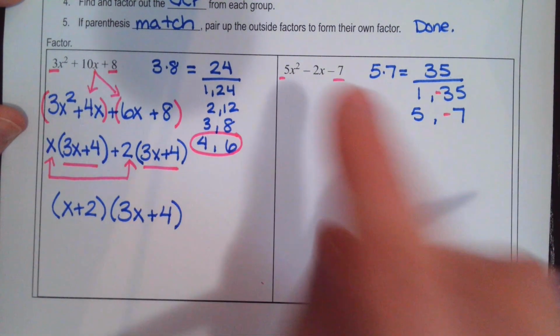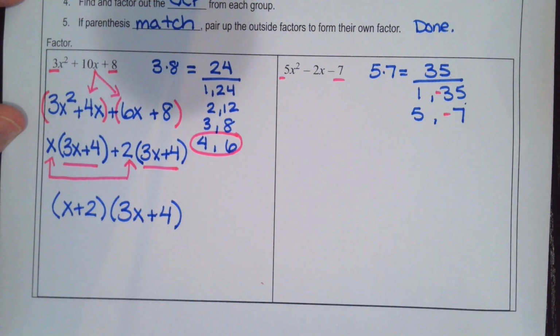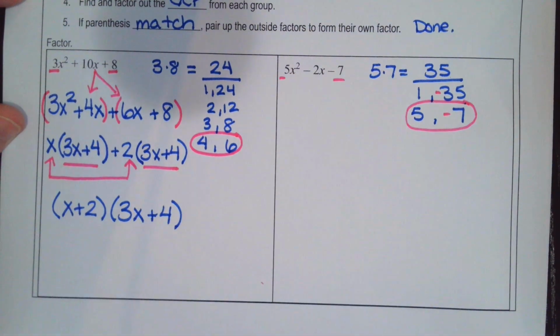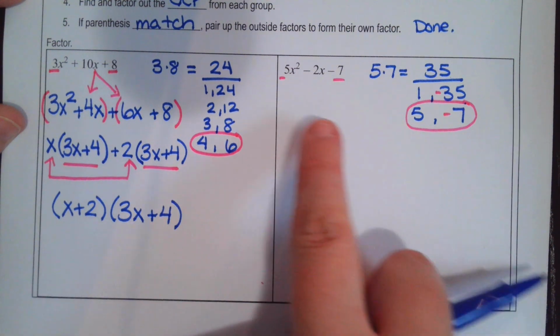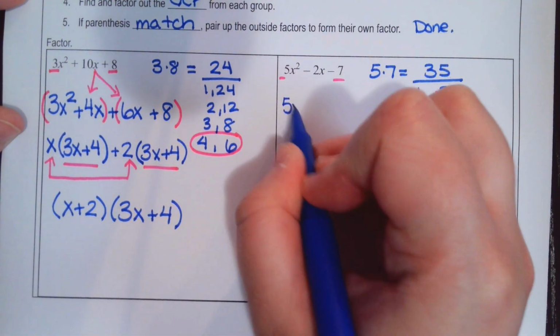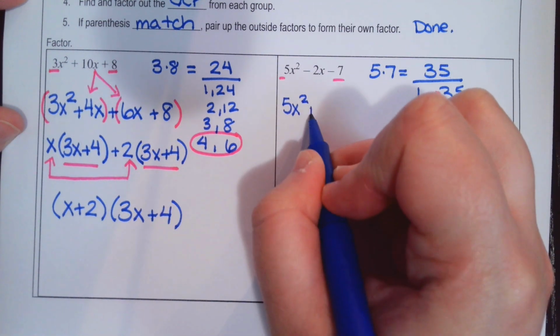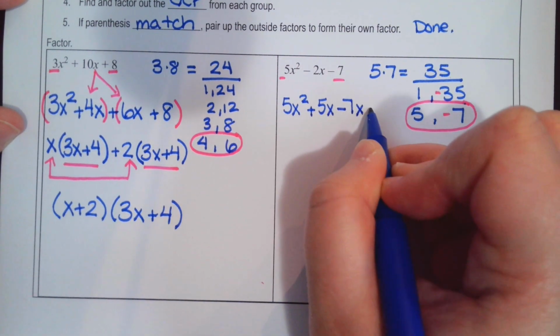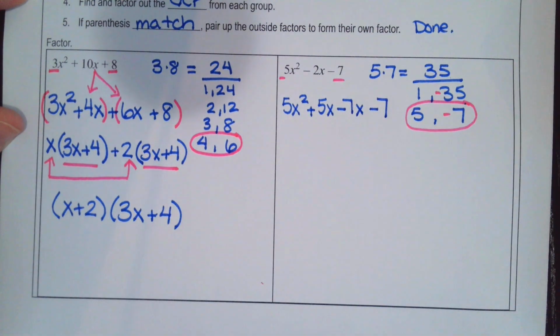And then which pair adds up to negative 2? 5 and minus 7. So now we rewrite the middle: 5x squared plus 5x minus 7x minus 7.